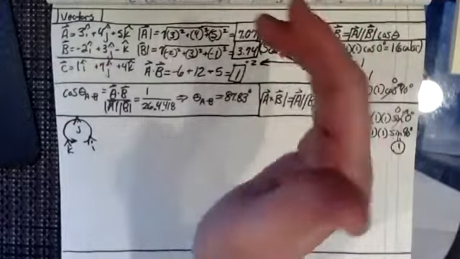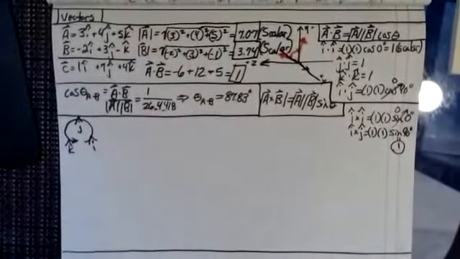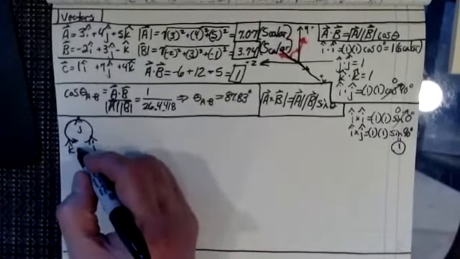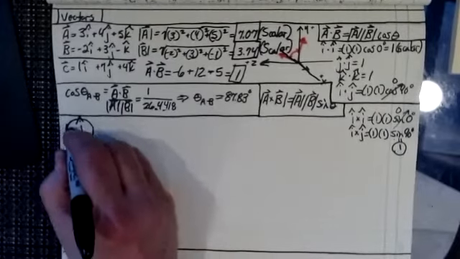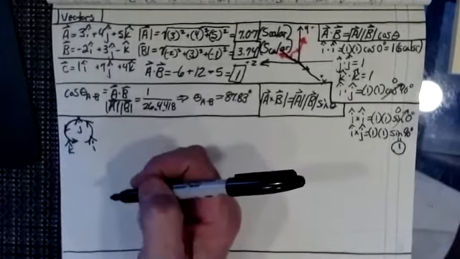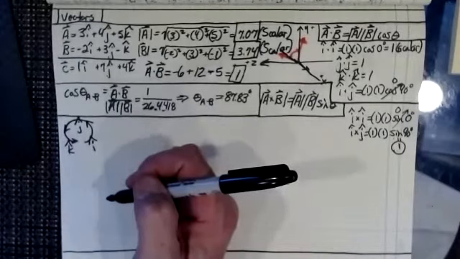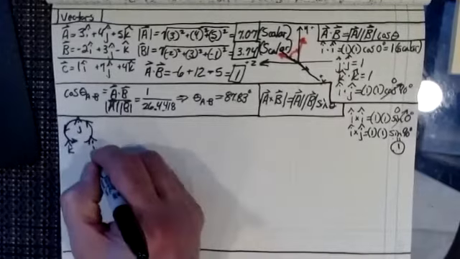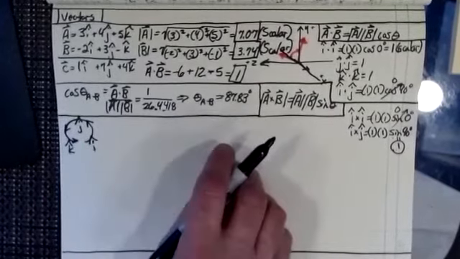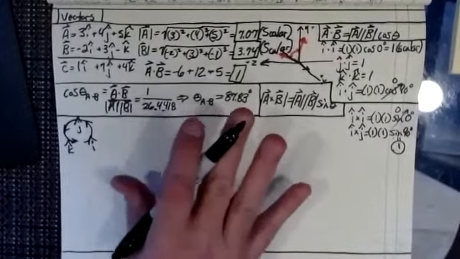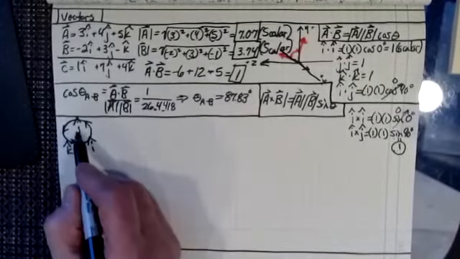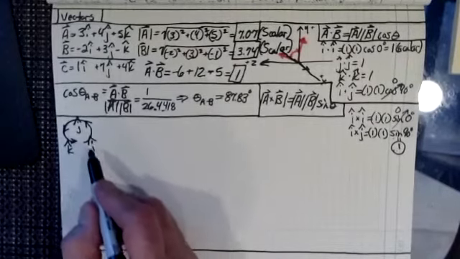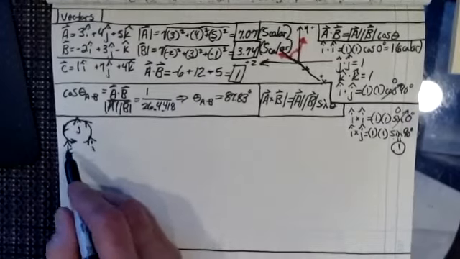So if I go in the direction of the arrows, which are counterclockwise, then it's positive. i cross j equals k. j cross k equals i. k cross i equals j. If I go against that, it's negative. i cross k is minus j. k cross j is minus i. j cross i is minus k. Does everyone see how that works?